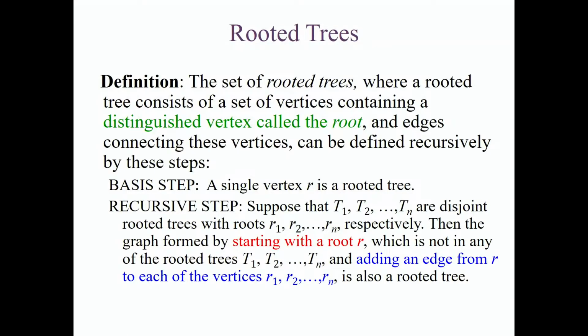Okay, and then for the recursive step, suppose we have different rooted trees T1, T2 to Tn, which have roots R1, R2 to Rn respectively. Then we can connect these rooted trees with edges, connecting the roots R1, R2 to Rn to a new root. Okay, then in this manner, we can create another rooted tree.